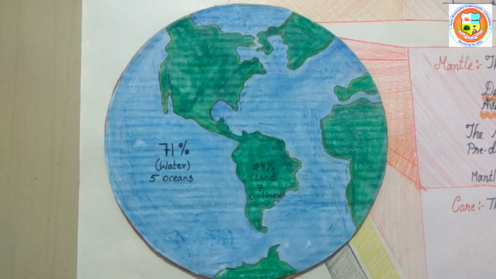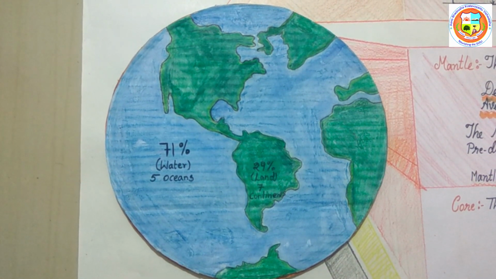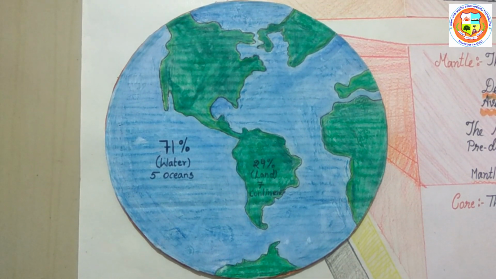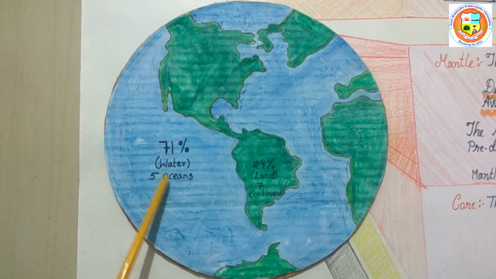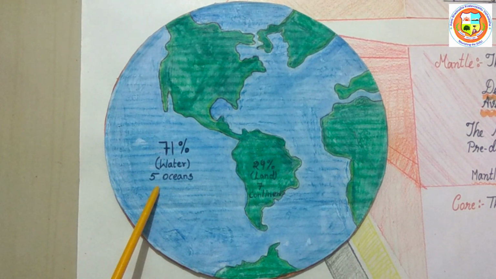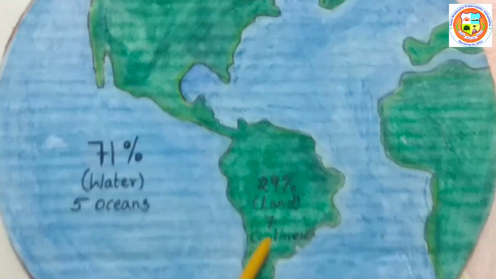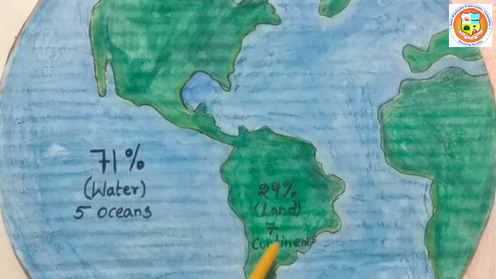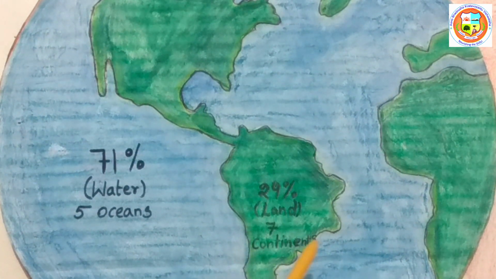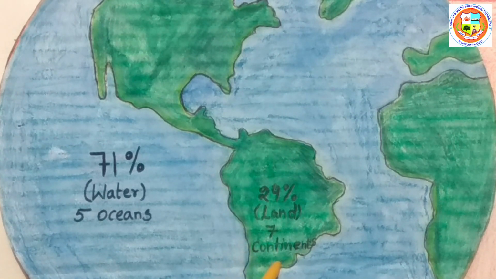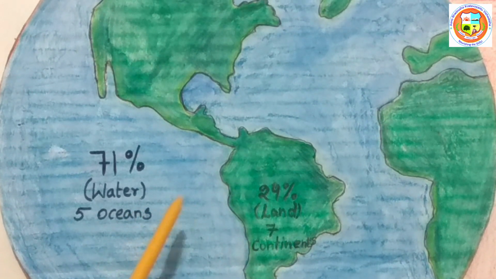As you know, the earth is a watery planet. Nearly 71% of the earth is water, and only 29% is land. There are 7 huge continents and 5 vast oceans.